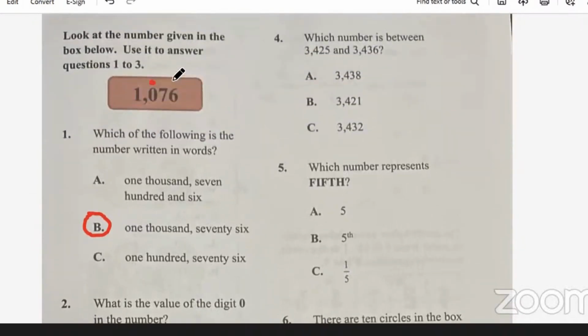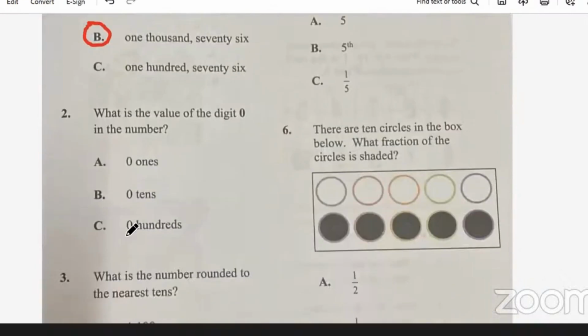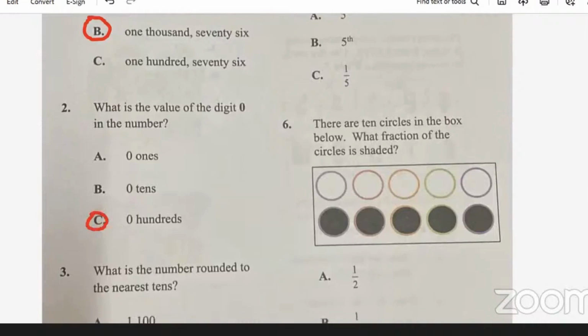This would have been ones. This is tens. And so the number is in the hundreds place. So it represents 0 hundreds. The answer is C.